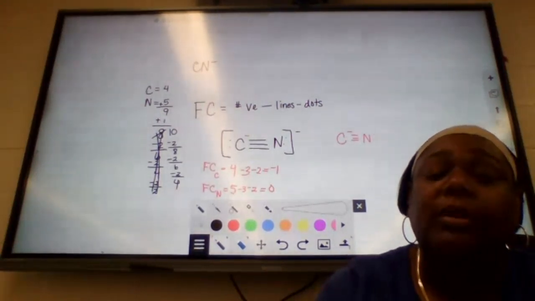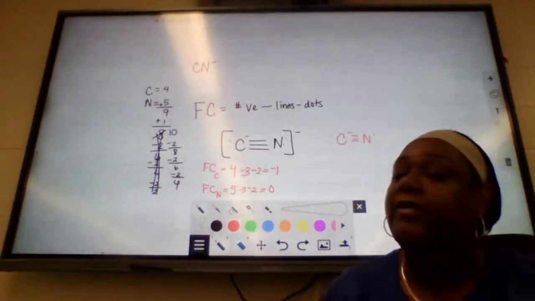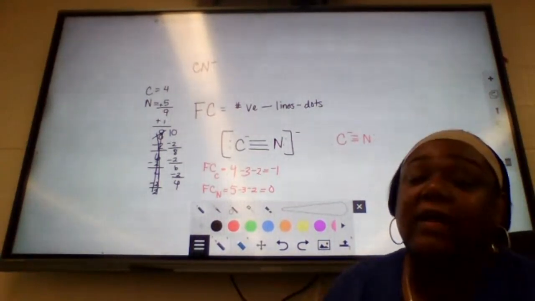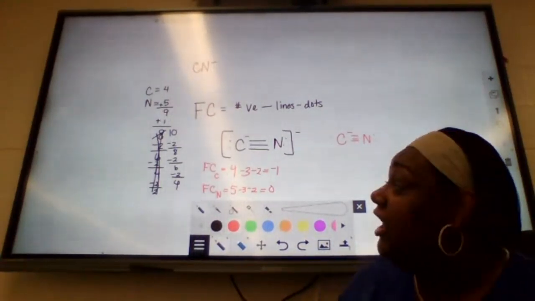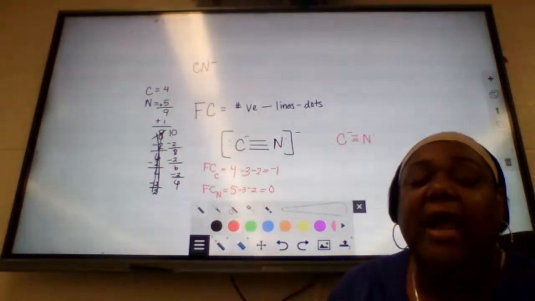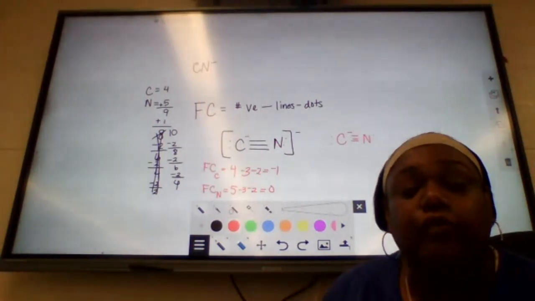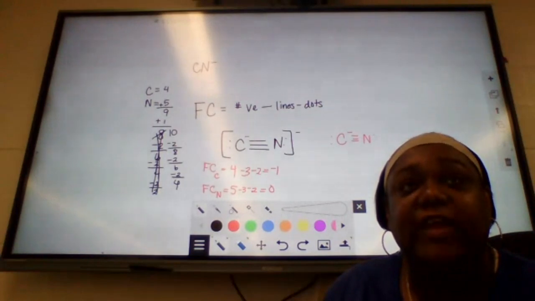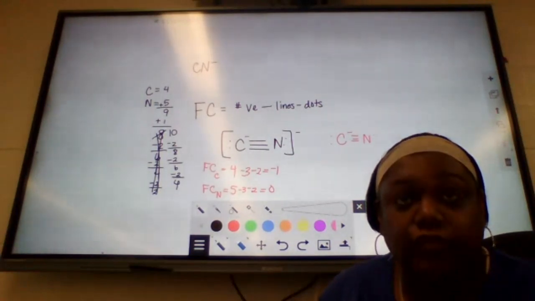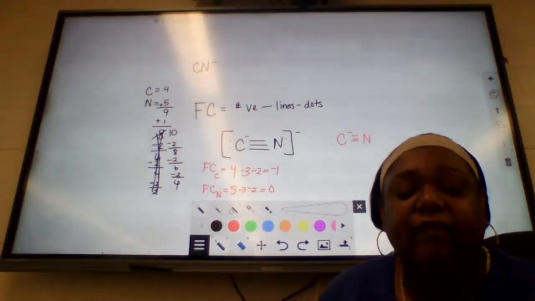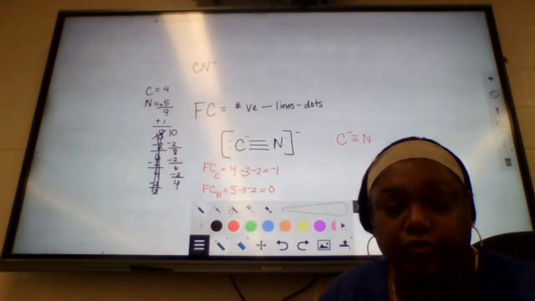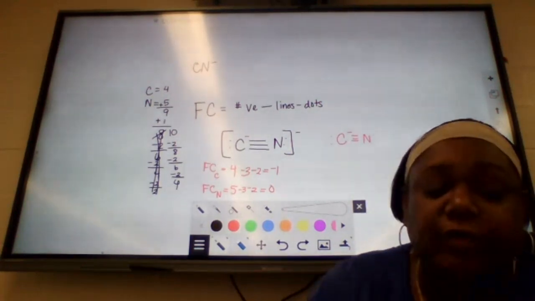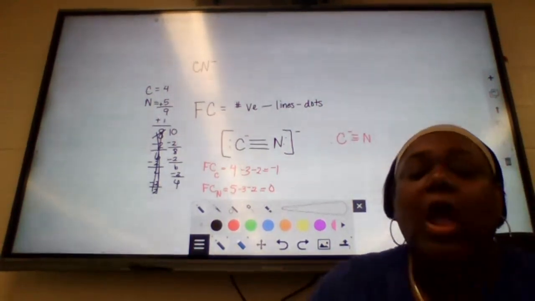Now, your book then moves into VSEPR theory, which deals with the three-dimensional orientation that your molecules take. And let me tell you that in order to have a correct VSEPR three-dimensional structure, you have to first draw the Lewis structure. You have to first draw the Lewis structure.